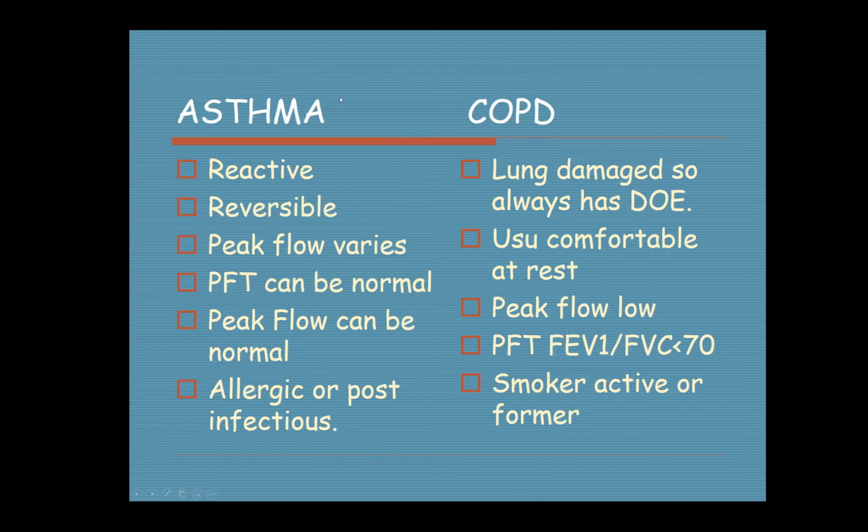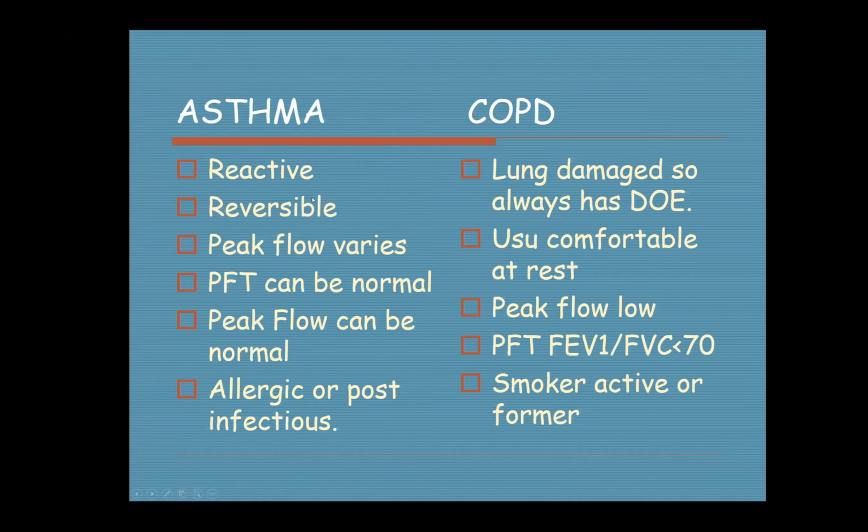And the features that distinguish are listed here. Asthma is reactive, reversible, peak flow varies, PFT can be normal, peak flow can be normal, and it may be allergic, it may be post-infectious, or it may be the adult onset that we talked about. Whereas the COPD patient ran out of lung. They are always going to have dyspnea on exertion.